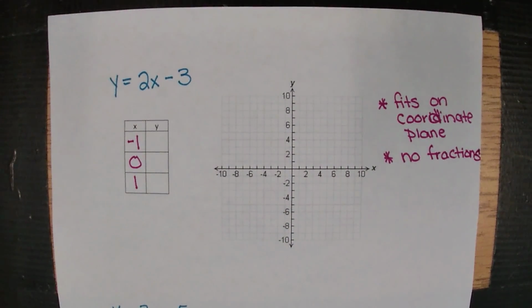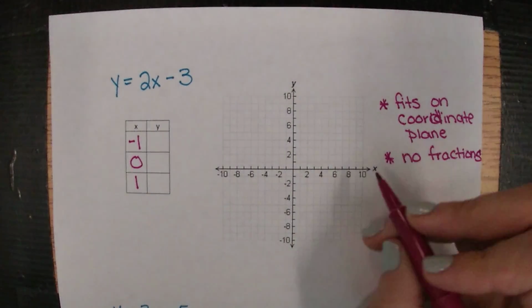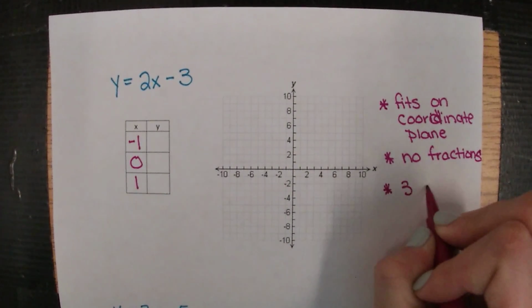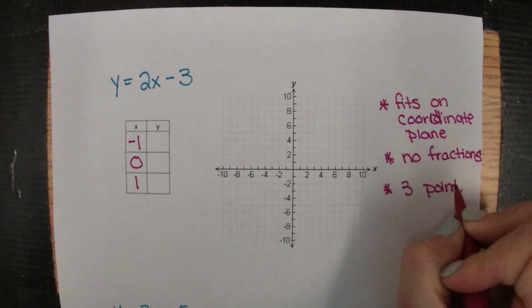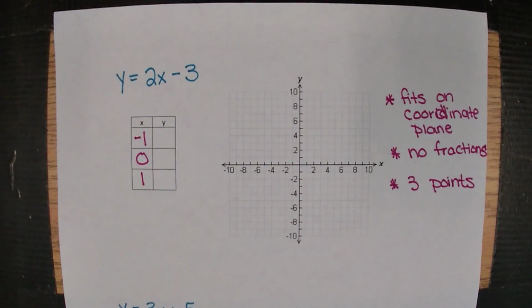And I've said this a lot, right? We don't want to approximate, especially when we don't have to. So no approximations, no fractions. And I want you to do 3 points. Now, 2 points is enough to make a line, but we're going to do 3 just to make sure we didn't mess up. Any 2 points will make a line, but that 3rd point is going to tell us if we're doing it correctly.